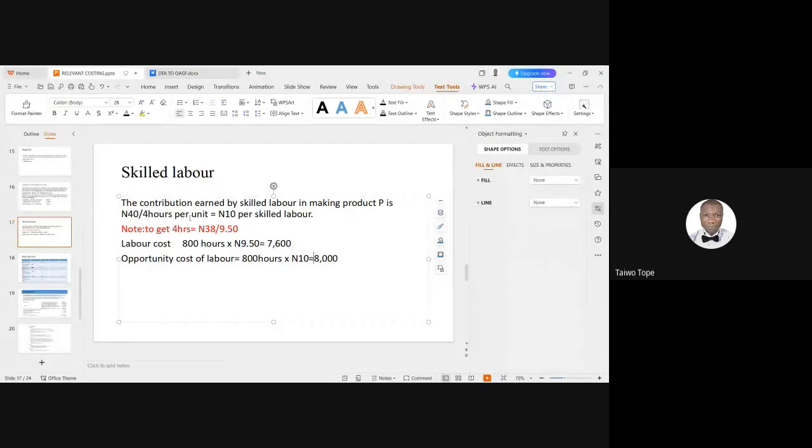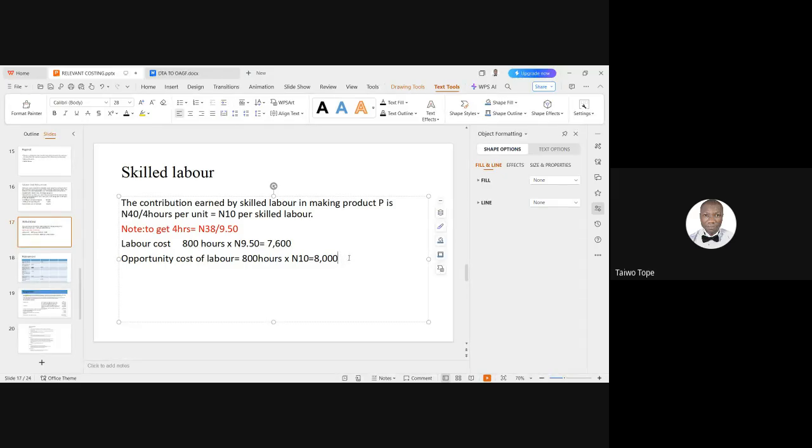By the time we decide to move them, we'll be losing 8,000. So when you don't use them, there's a contribution of 8,000, which is the sacrifice he is making for not using them, the opportunity cost of not using them.